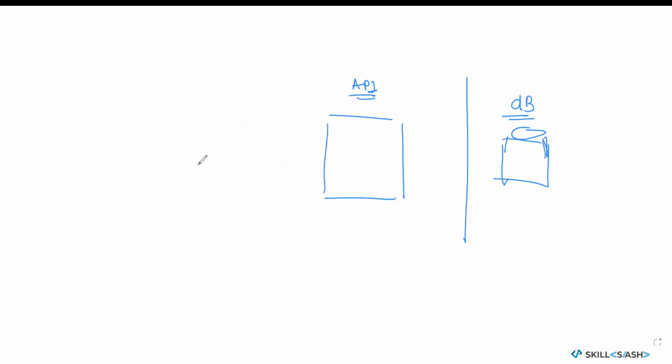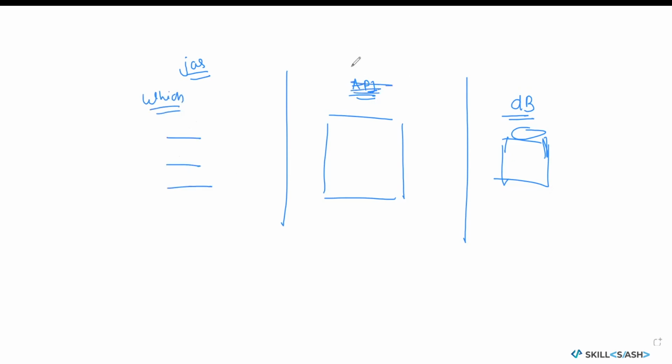Say for example you have a DB, and you have APIs on top of it to fetch the DB objects. Now let's say you are creating a jar of it. In that jar, you are specifying which methods can be called, let's say method 1, method 2, and method 3.